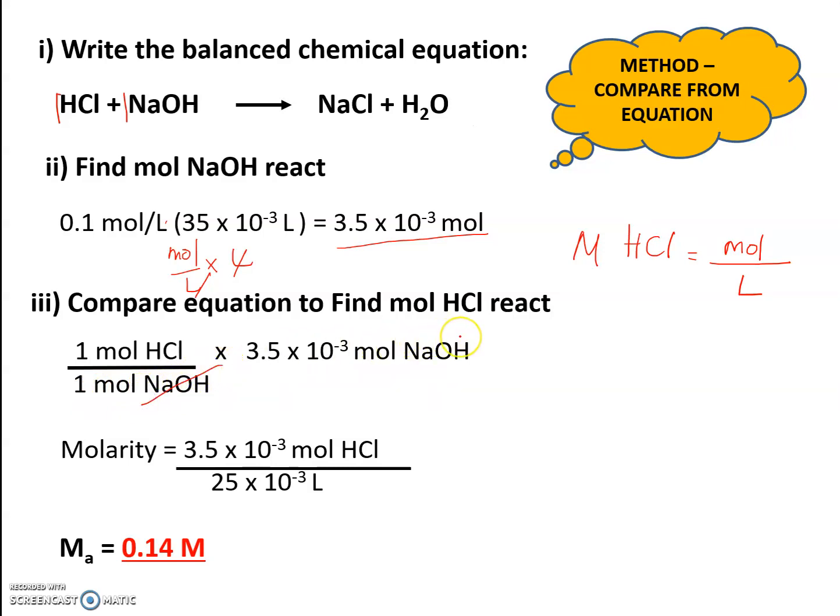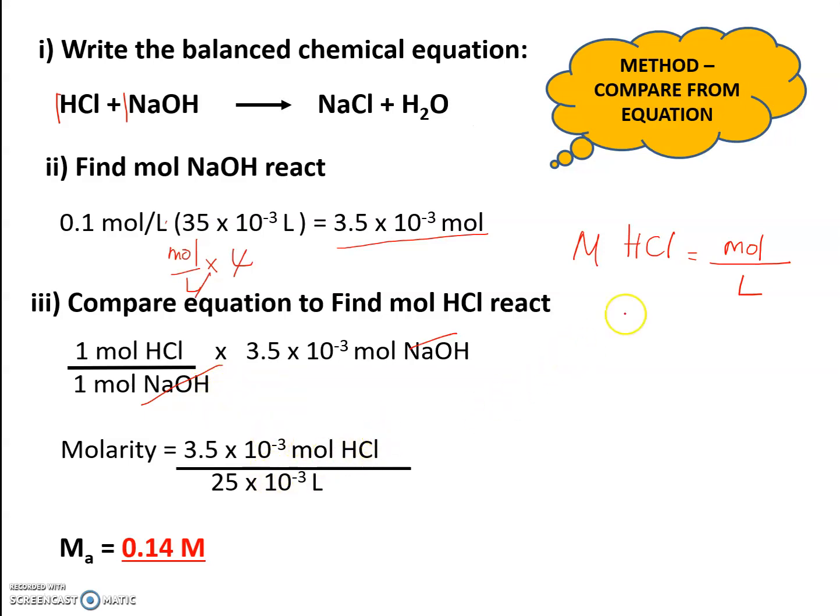So we can identify the number of moles of hydrochloric acid HCl, which is 3.5 times 10 to the power negative 3 mole, equal because there is a 1 to 1 mole ratio between HCl and sodium hydroxide.